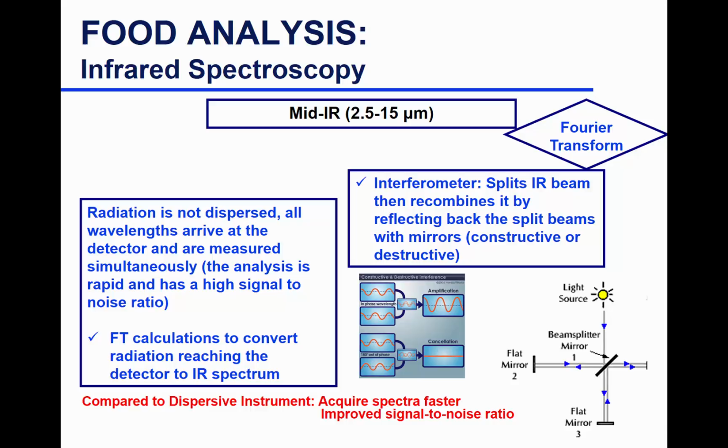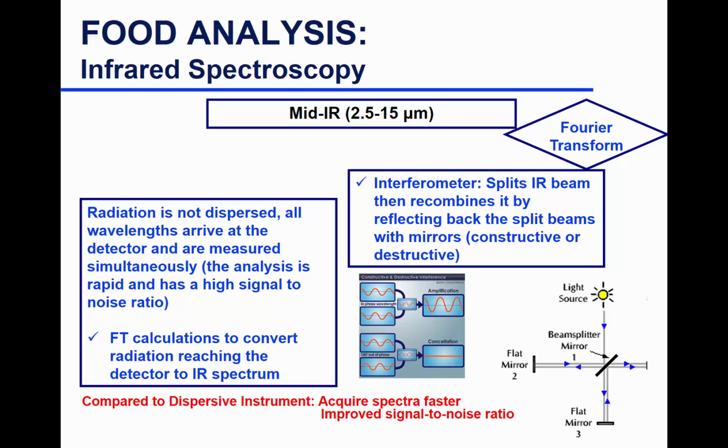so that you can direct your spectrum in the area that you are most interested in. You can amplify or cancel, and you can change the location of these mirrors to change the amplification or cancellation. So you don't have a dispersion of light, so you don't have diffraction of light. All the wavelengths arrive at the detector and they're measured simultaneously. That's the benefit compared to the dispersive unit.